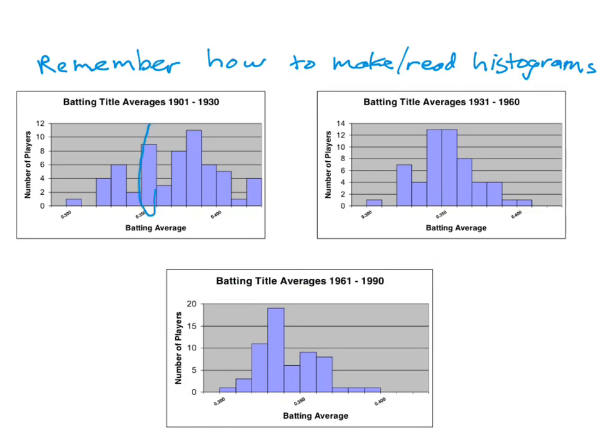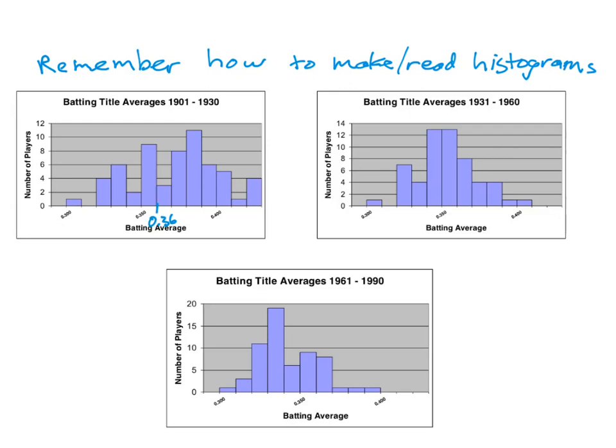So this bar here being 9 tall means there was 9 people who had a batting average between 0.350 and 0.36. So this is 0.36. And so there's that little span there, and there are 9 people. And so there you go. That's kind of a few things to remember.